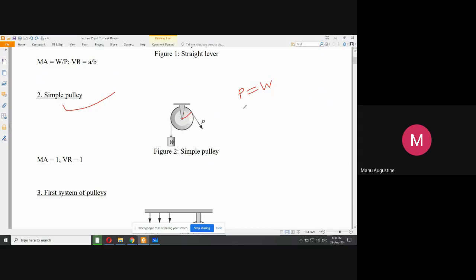So immediately you can develop a temporary relation for mechanical advantage. If P is equal to W for a machine at a given instant, then mechanical advantage is simply W by P. And if you rearrange this, bring P below W, then what you get is W by P equal to 1. So mechanical advantage is equal to 1 when there is no friction. And when there is no friction, efficiency is equal to 1.